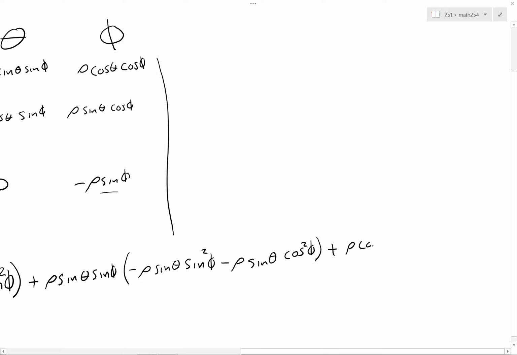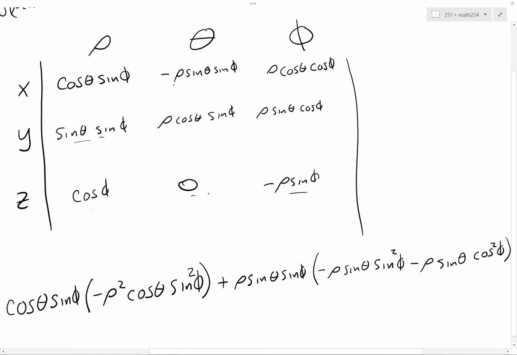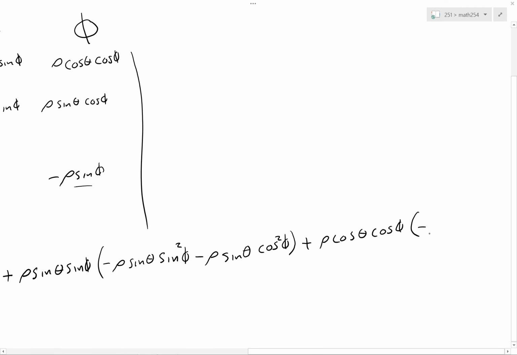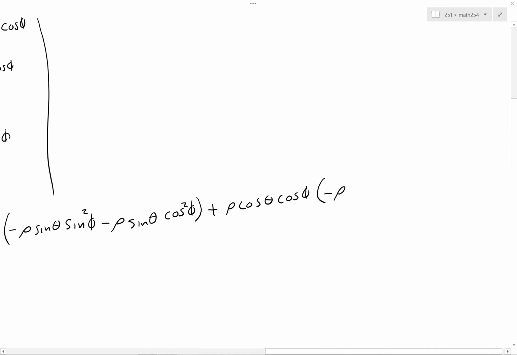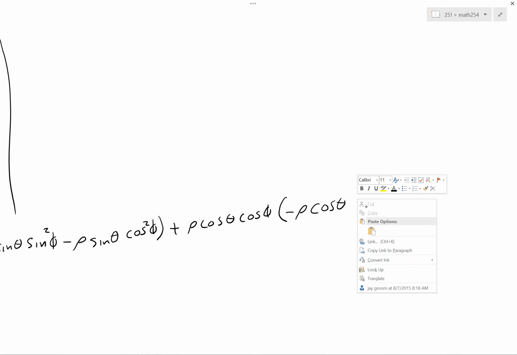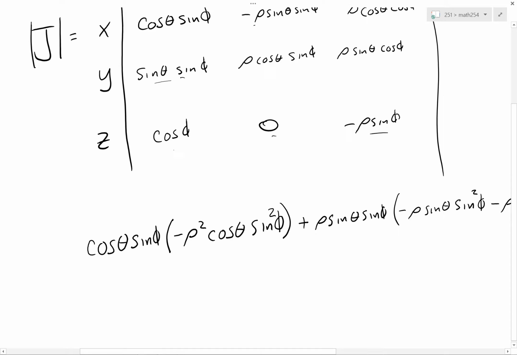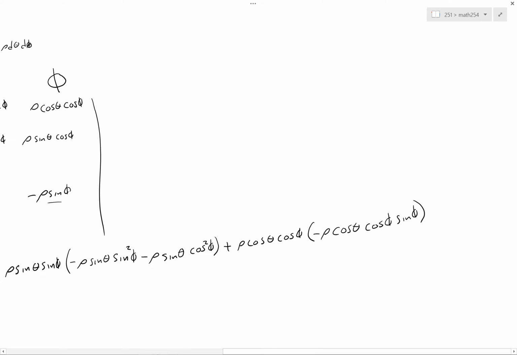Plus, it's going to be rho cosine theta cosine phi times this guy times 0, so nothing, minus this times this. And it's cosine theta, cosine phi, sine phi. Woo! What a mess, huh?